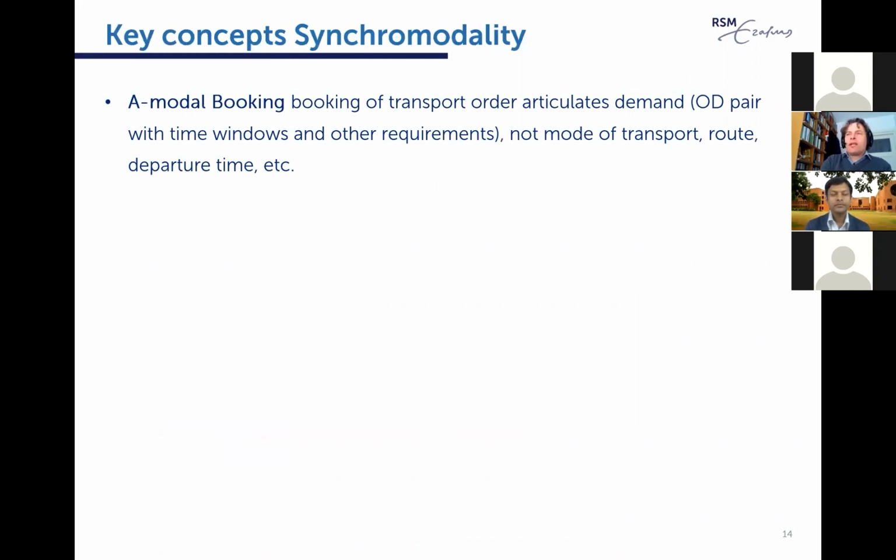So that's also something that you need to think about, and key concepts here are when you book a container, you book it what we call amodal. So we do not articulate what mode of transportation is going to be used. We basically only articulate demand. And that's true, right? If you are a shipper and you want to move a container, you need mobility.